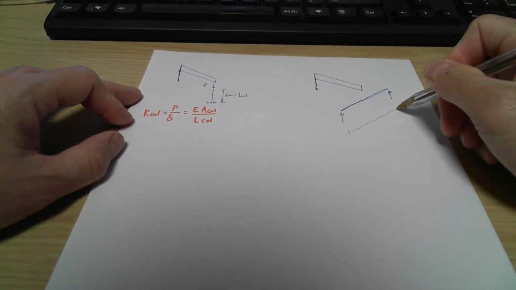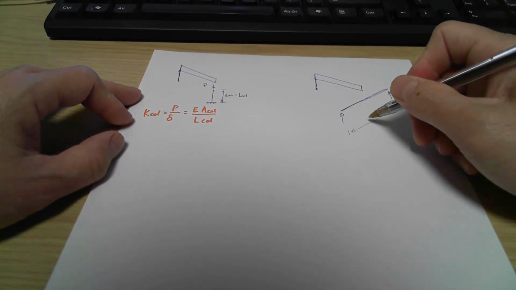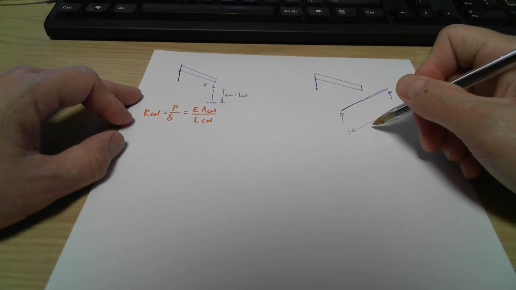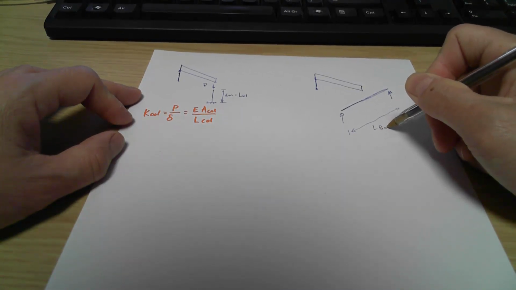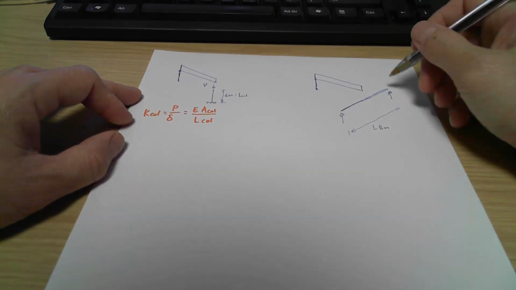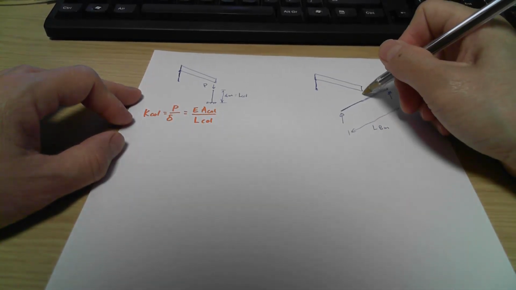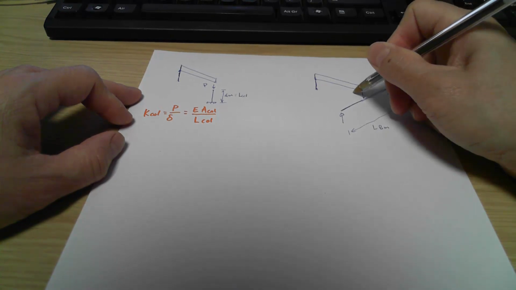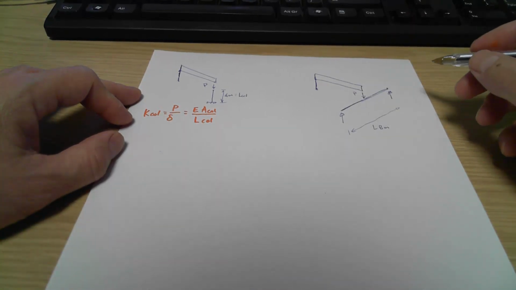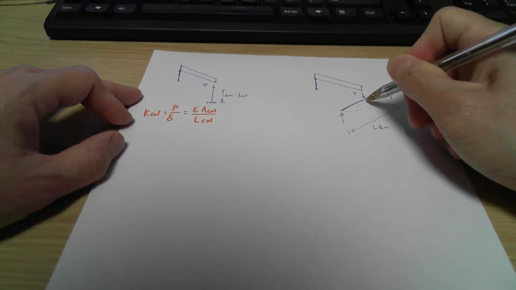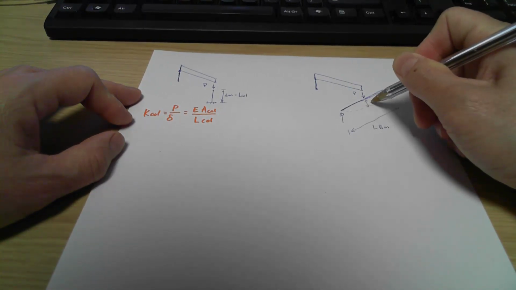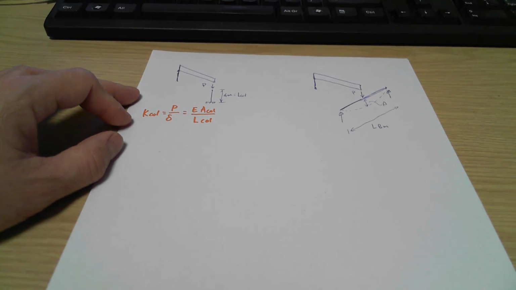So this is 6 meters, and we use L beam to represent the length of the beam. With the loading P, exactly the same loading P given by the truss, applied in the middle, this beam is going to deform by a distance delta. We use this capital Delta to represent that.